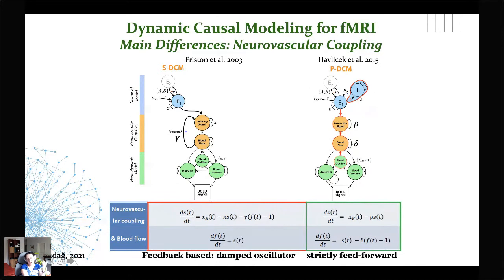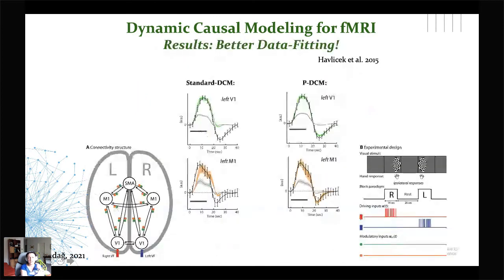So when you incorporate feedback, that's a dampened oscillator, but more and more research suggests that this might be strictly feed-forward. And this was applied in a study using retinotopic mapping that has shown that the physiological DCM model performed significantly better than the standard DCM, in particular in explaining the empirical data and this undershoot effect of the empirical BOLD signal that cannot be explained via the standard model due to this feedback loop.